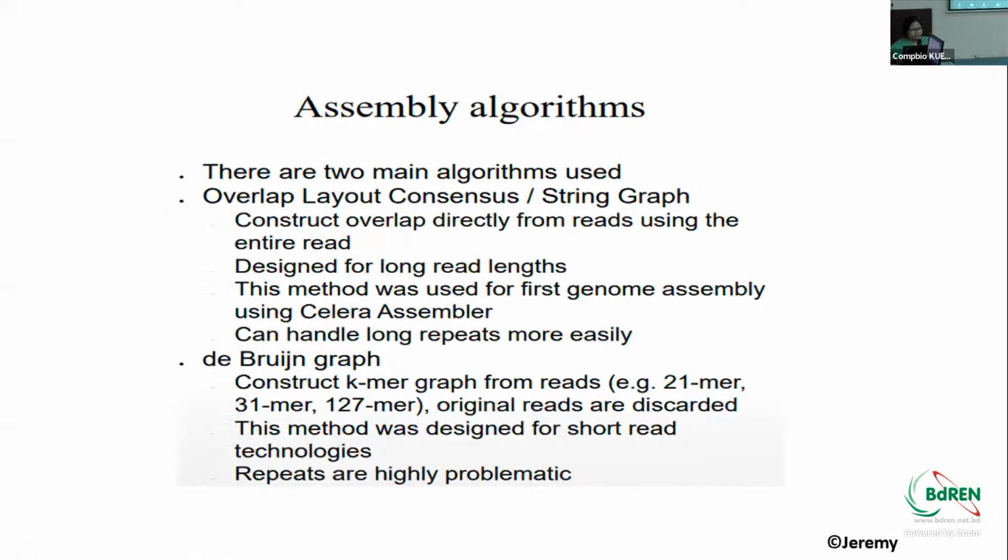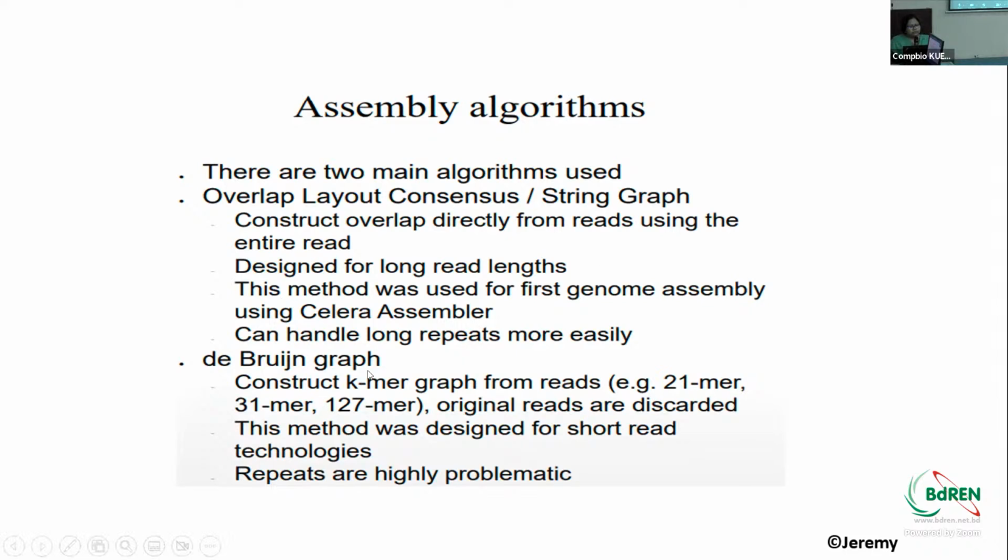In the de Bruijn graph, they make k-mers, for example, 21. They take 21 base pair and then another 21 base pair, fragment the whole sequence into 21 base pair pieces, and then try to assemble those, 21 or 31 or 127.